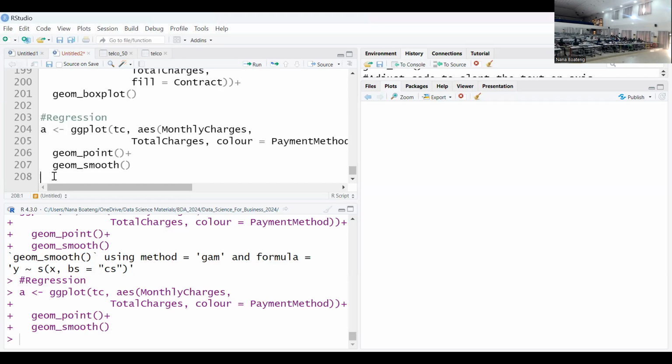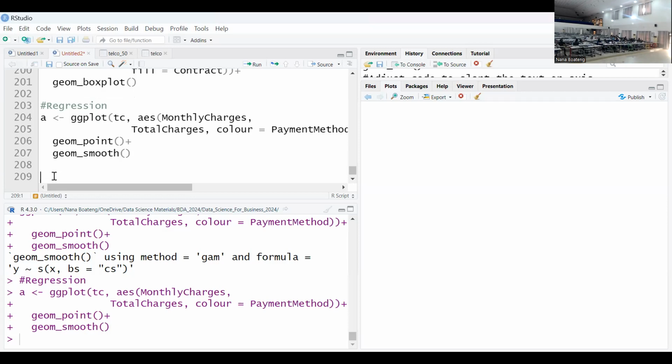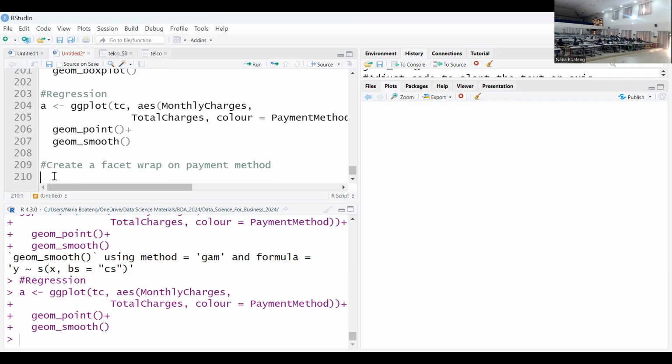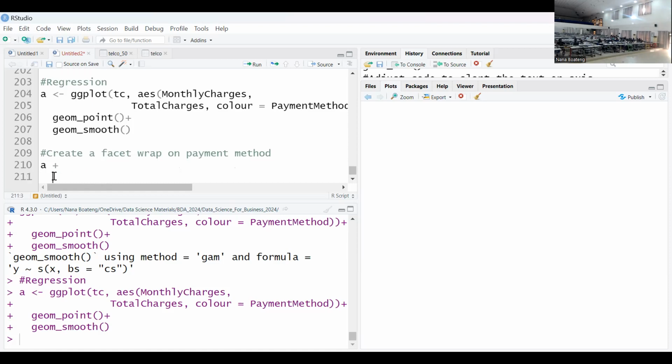So let's create a facet wrap. So here we want to do it according to payment method. Okay. What you do is that we take A, all right, and then we add another layer to it. Okay. So we facet wrap this.